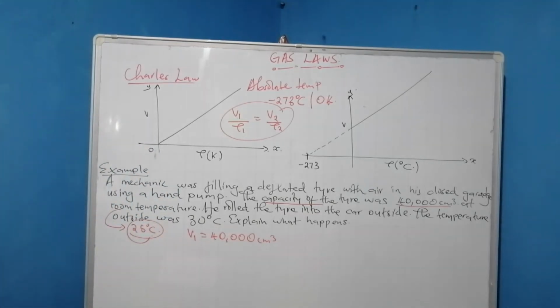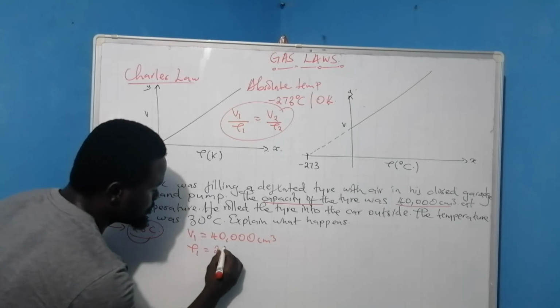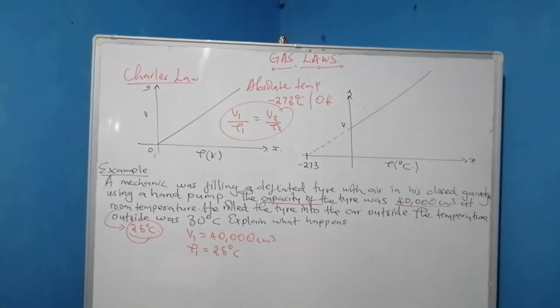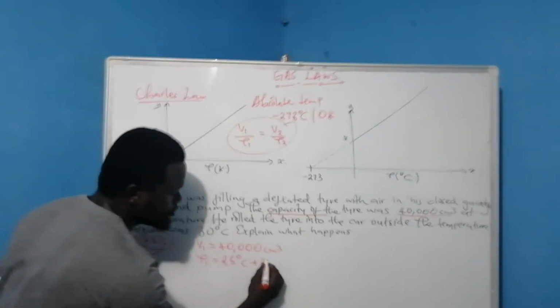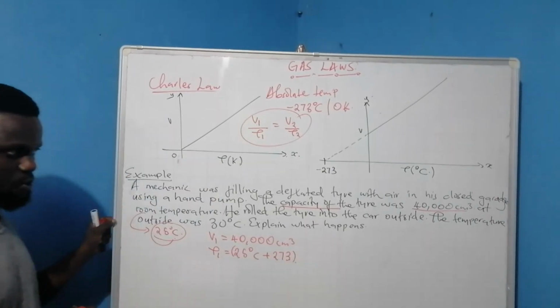And what is the room temperature? It's normally given as 25 degrees Celsius. So T1 is equal to 25 degrees Celsius. Now, I must convert it into Kelvin. Therefore, I will add 273. That will give me the temperature 1.